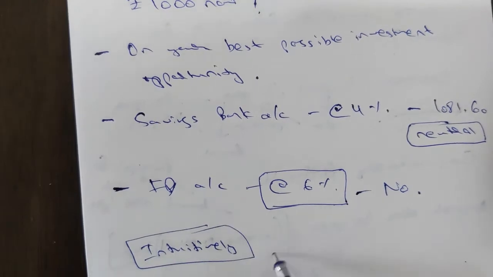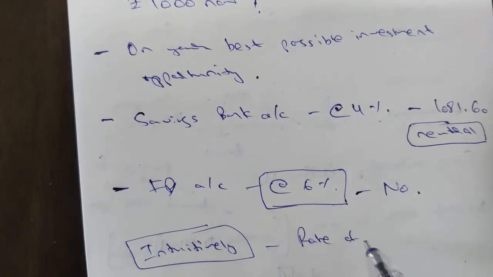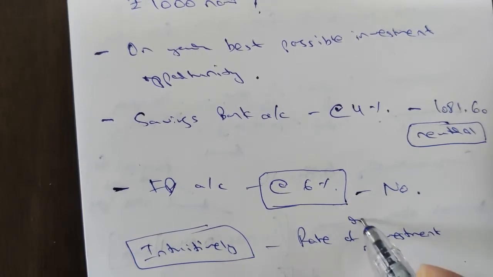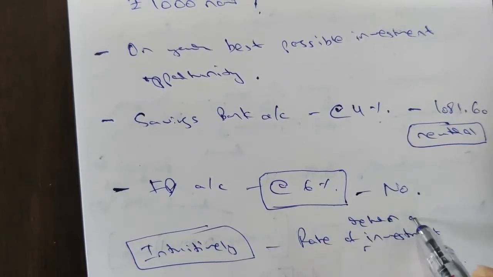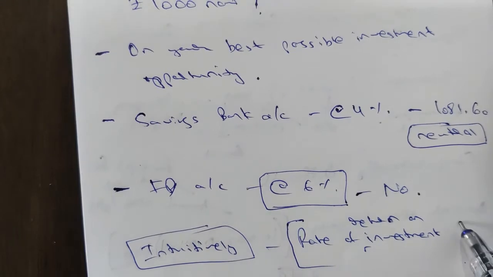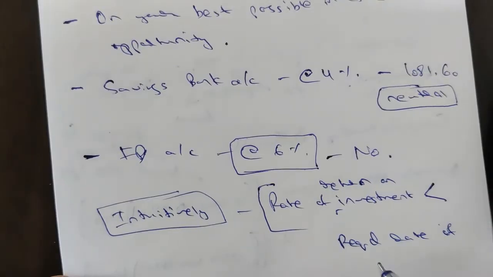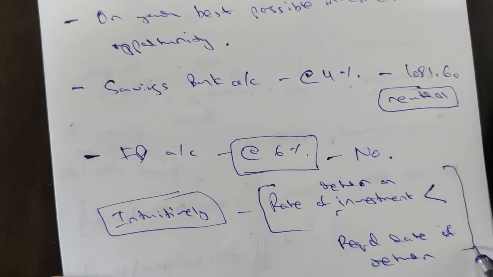Intuitively we have seen the rate of return on the investment is less than your required rate of return. Why required rate of return? Because this will depend on many things.